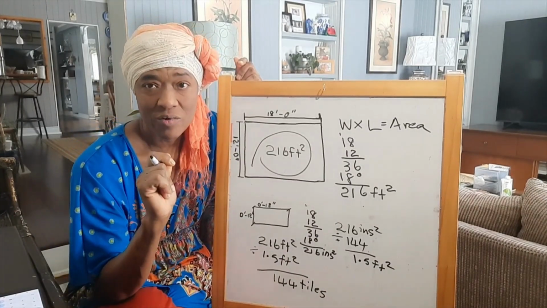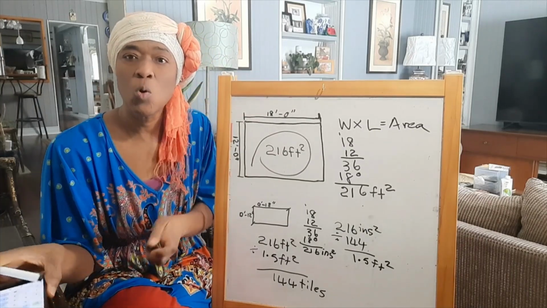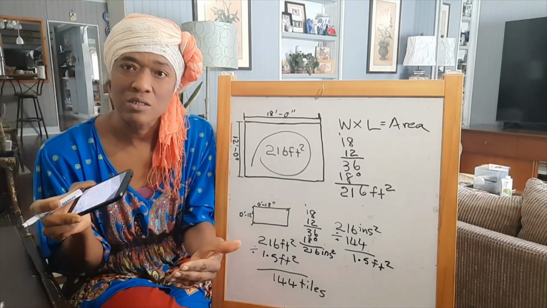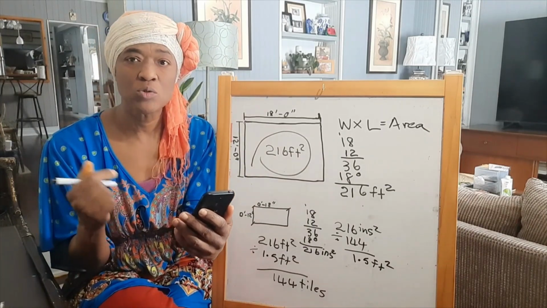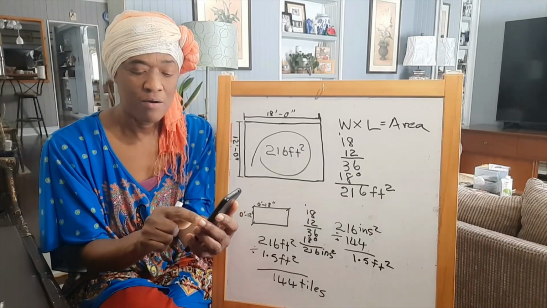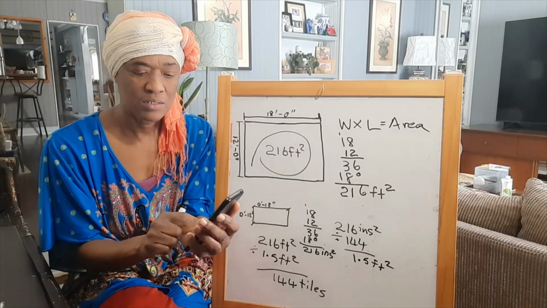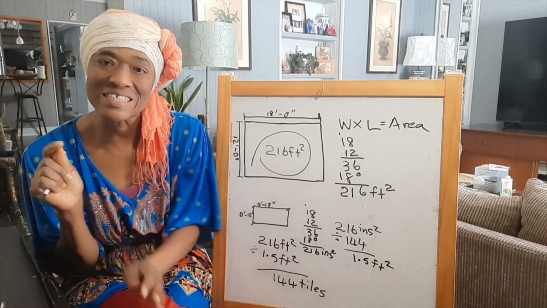However, it is always suggested that you go with overage, and overage is usually about 10% of what you need, which is 144 times 10% equals 14.